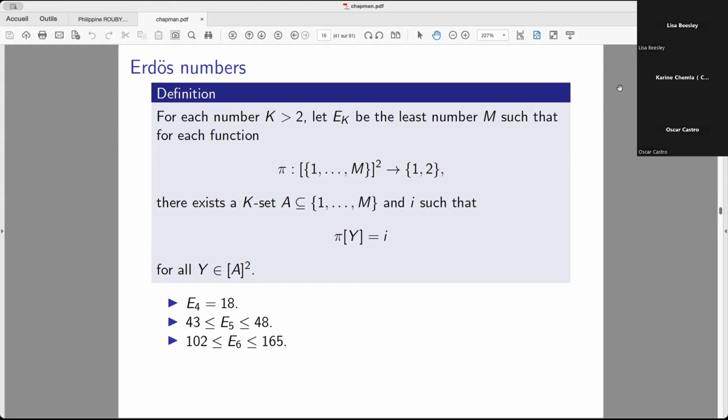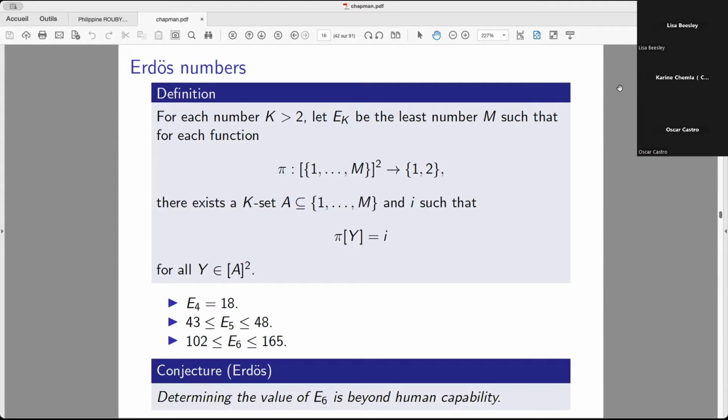Okay, so there's the provocative conjecture of Erdős, told in the form of a story, that it's beyond human capability to determine the value of E6. You're never going to know. It's well defined. There's just too many things to look at. That's a dangerous conjecture, but he made that.